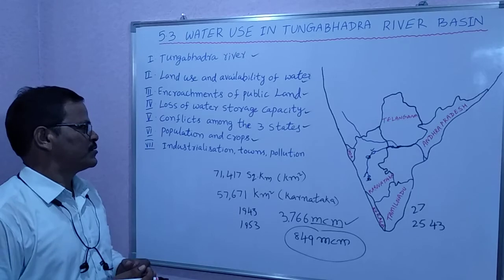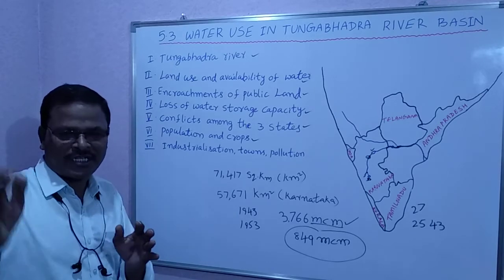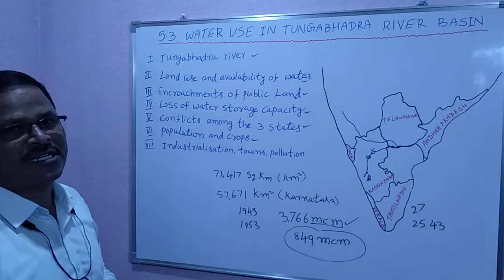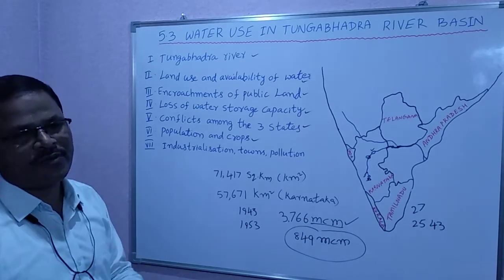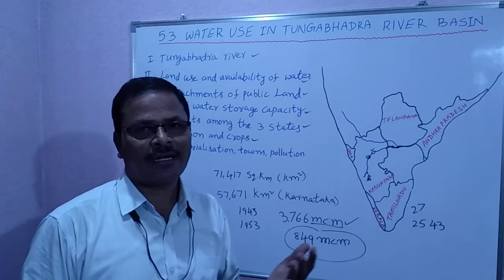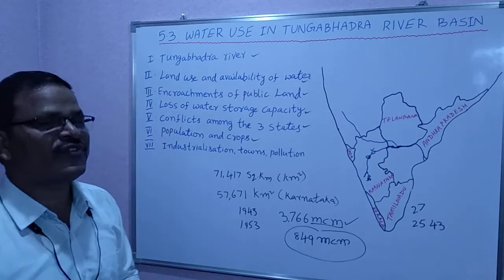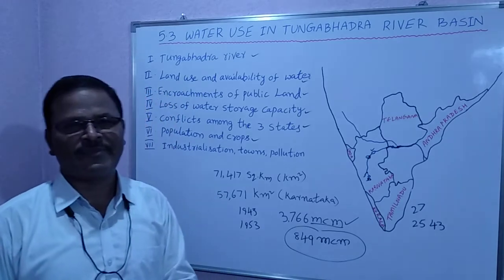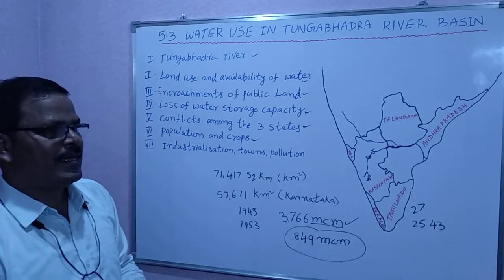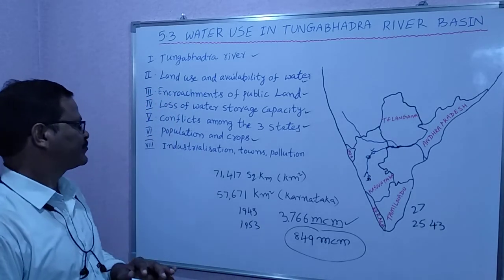Population and crops. Nearly 80% of the population in this area depends on cultivation. They grow paddy, jowar, sugarcane, cotton, and finger millets. Finger millets means ragi. These 5 crops are grown in this area.